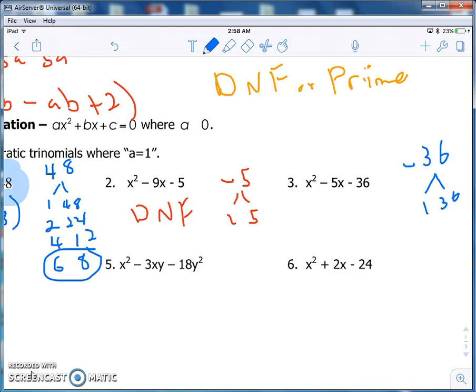I'll list them all just to get you used to seeing what all the factors look like, but there are more efficient ways to do this. And we find that 4 minus 9 would give you a negative 5. So this factors to x plus 4, the 4 is positive, and x minus 9, the 9 is negative.